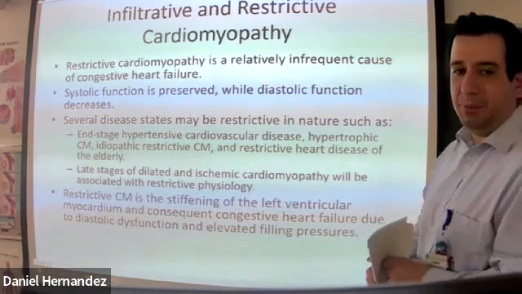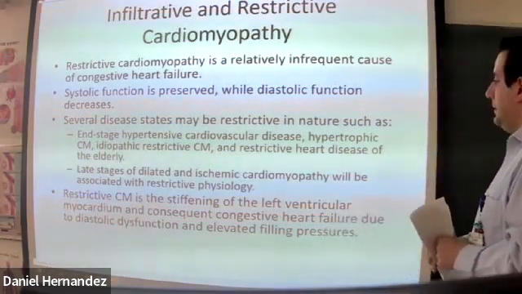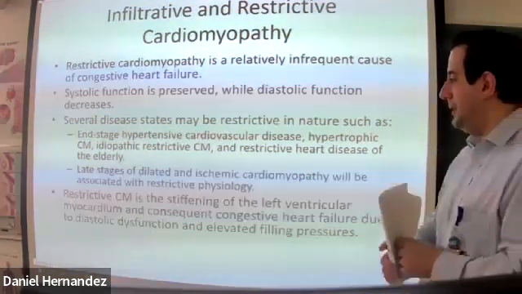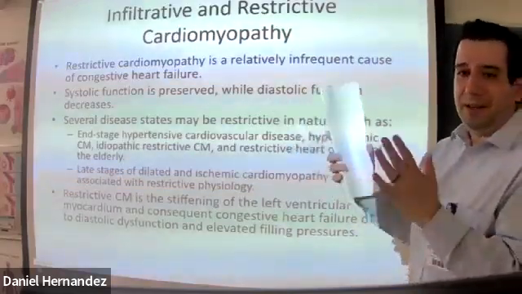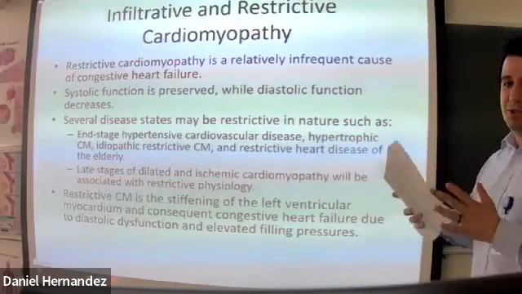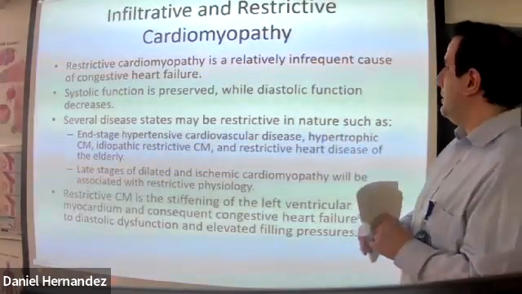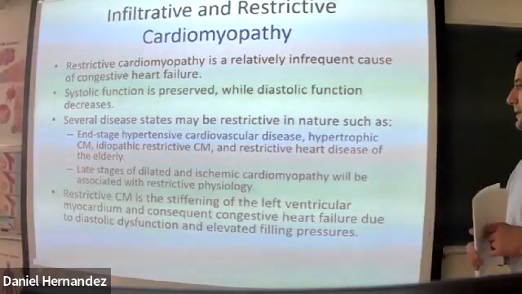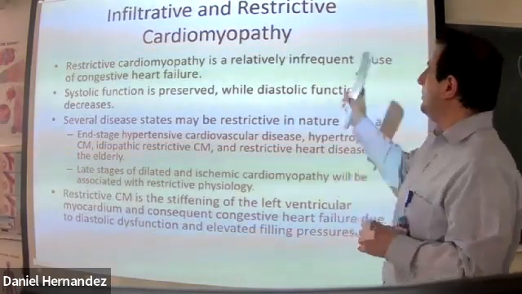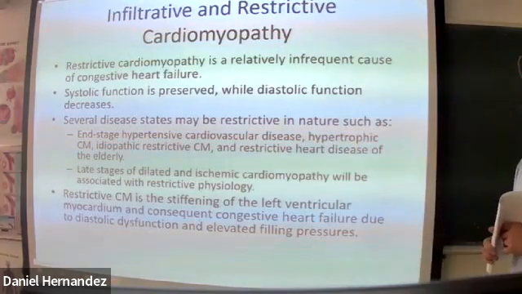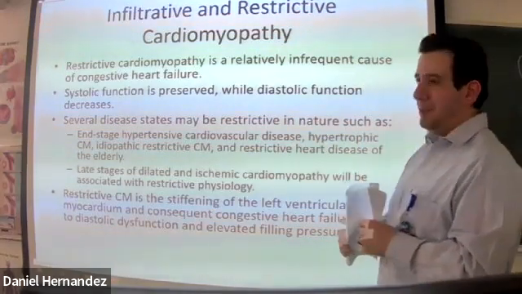and elevated filling pressures. So restrictive cardiomyopathy, think of that myocardium now has become stiff, it's non-compliant, it's not able to stretch. So we're going to learn in a second, there's a couple things that can cause that to happen. So remember just that cardiomyopathies, they're diseases of the myocardium.